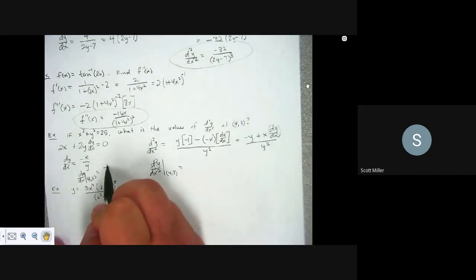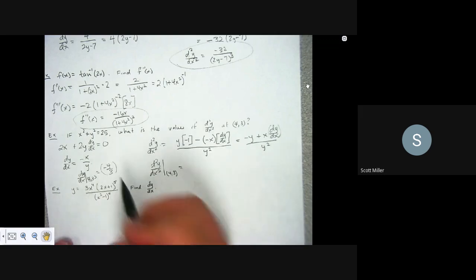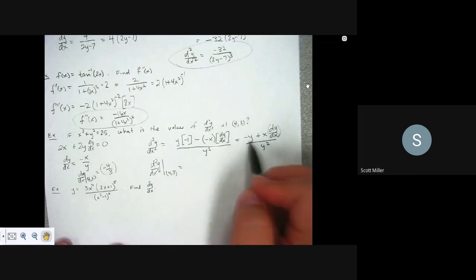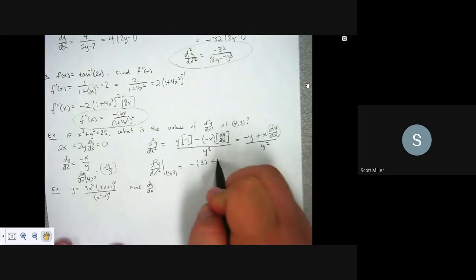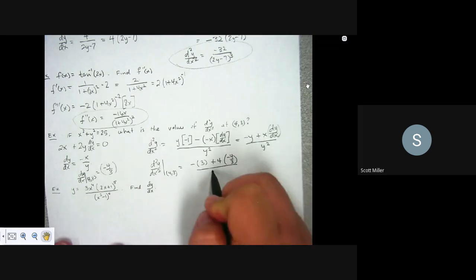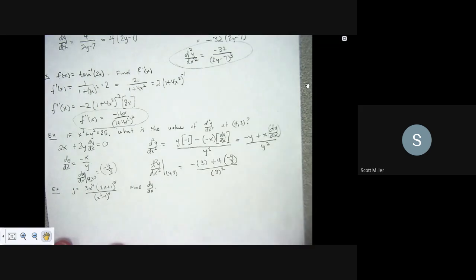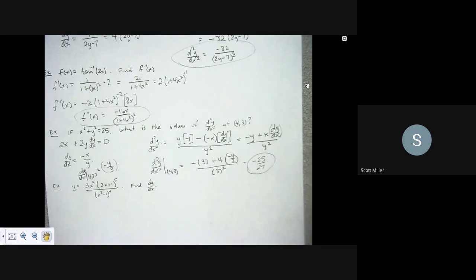I get negative 4 over 3. So that is what dy/dx is equal to at this point. Then I can plug it in with these numbers: negative 3 plus 4 times negative 4/3, over 3 squared. As you work this out, you should get negative 25 over 27. And there you go.